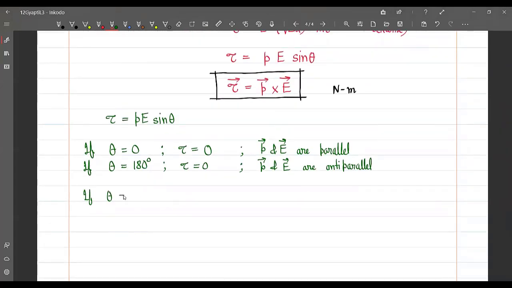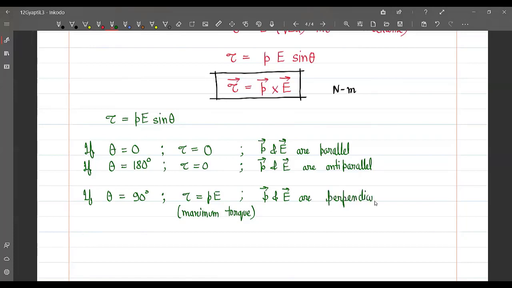And if theta is equal to 90 degrees, torque is equal to PE. This is the maximum torque. Here, the dipole moment and electric field are perpendicular to each other. Any questions?